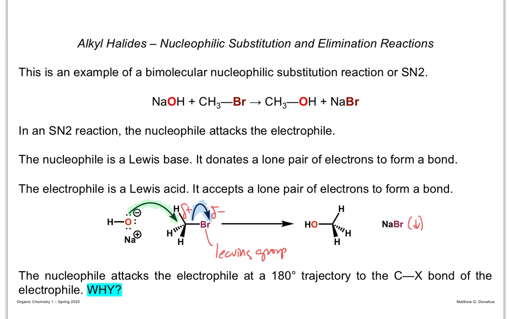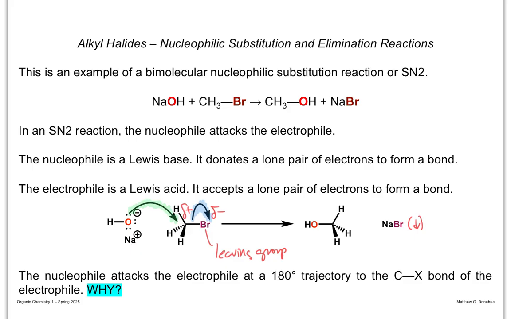The arrows show the trajectory or movement, but it also happens in a very specific way. The nucleophile attacks the carbon that's bearing the leaving group at a trajectory of 180 degrees away from the leaving group. And so we'll explain that on the next couple slides.